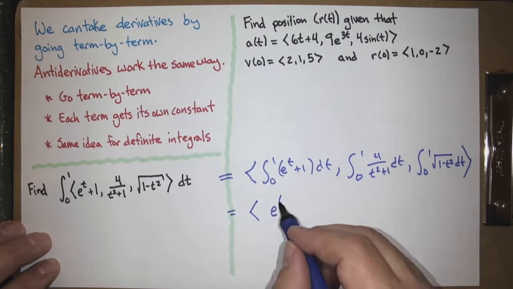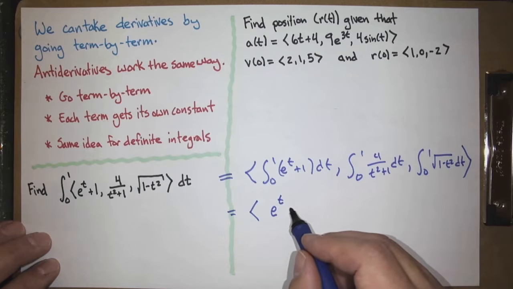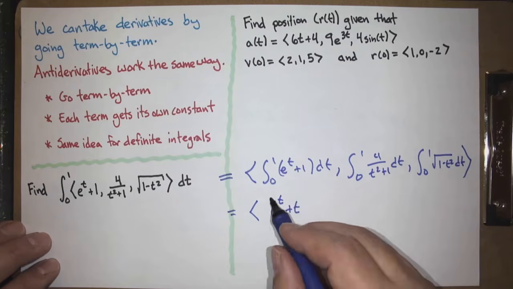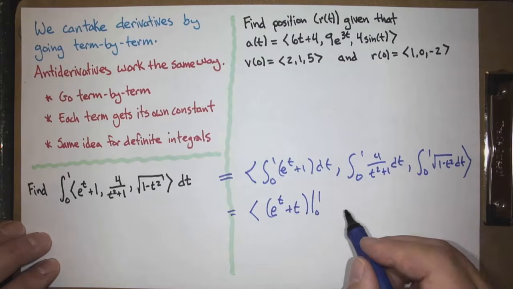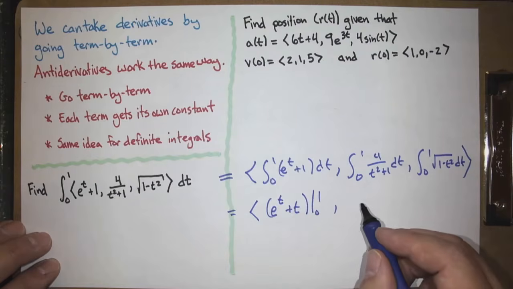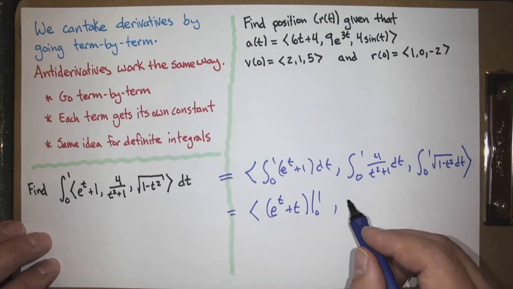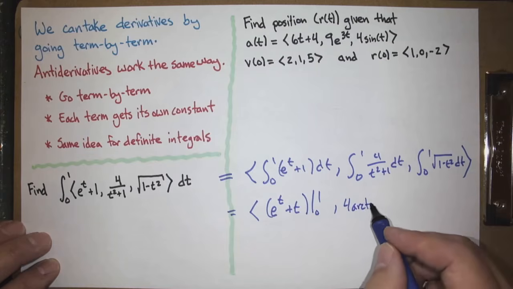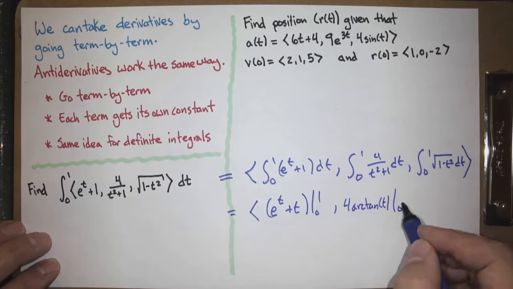It's e to the t plus t, and now you evaluate 0 to 1. Does anyone know the antiderivative of 4 over square root of t squared plus 1? 4 arctangent. T evaluated from 0 to 1.